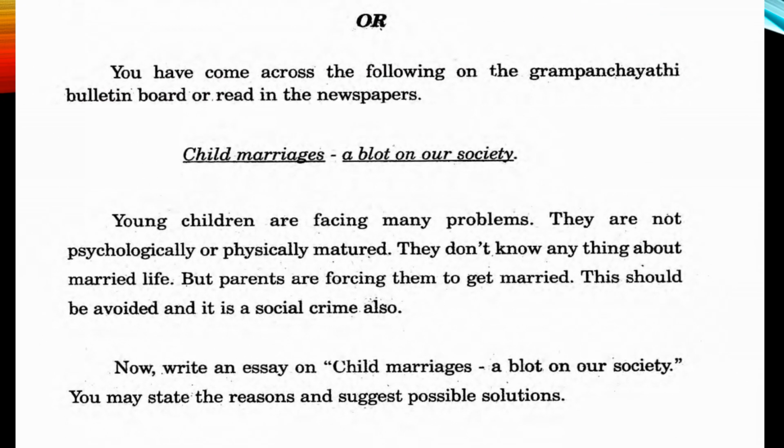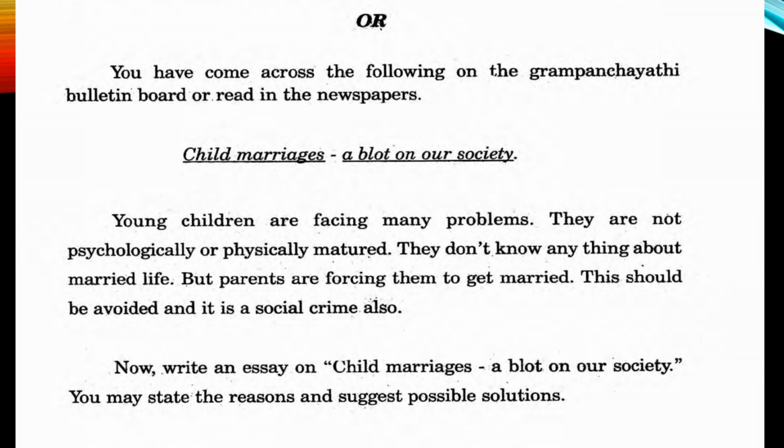In the complete Summative Assessment 2 or 1, whatever it may be, you have only one internal choice question, that is the major discourse. Here is another question. Let us check it. You have come across the following on the Gram Panchayat bulletin board or read in the newspapers.